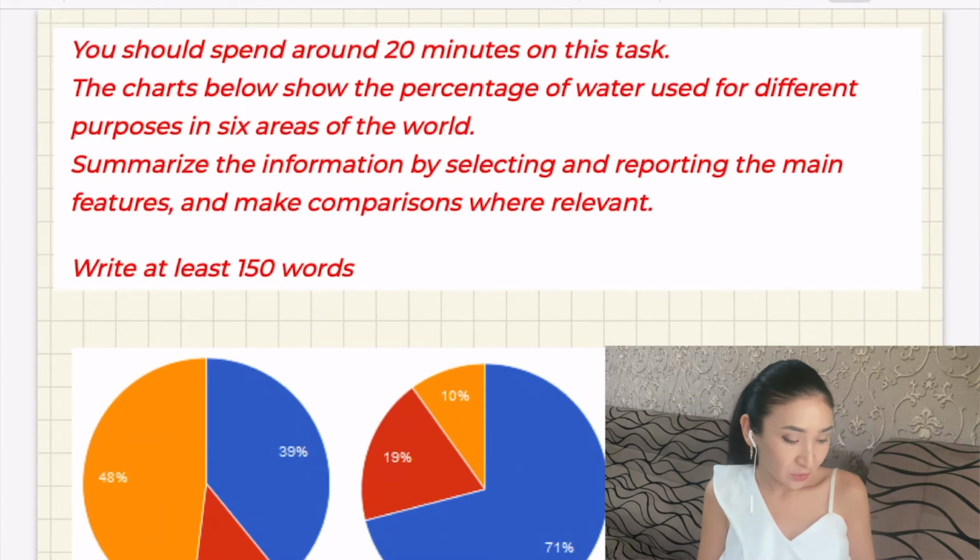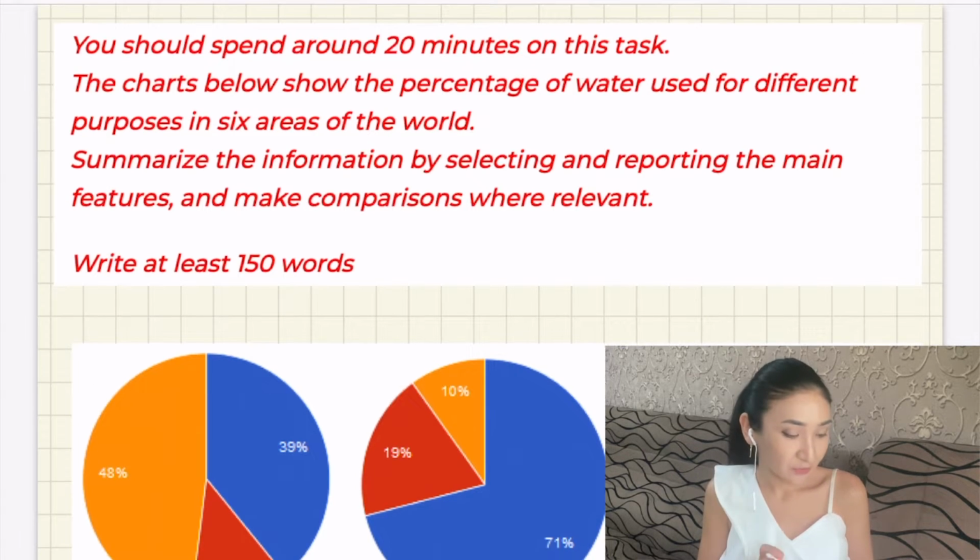So first of all, when you are writing task 1, you have to read your task, what exactly they want you to do. You should spend about 20 minutes on this task. The charts below show the percentage of water used for different purposes in 6 areas of the world. Summarize information by selecting and reporting the main features and make comparisons where relevant. Write at least 150 words.